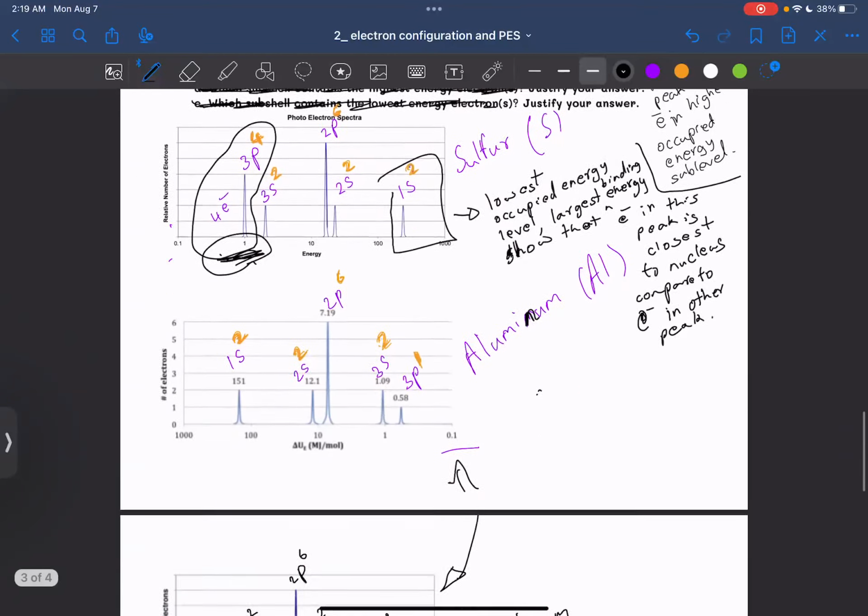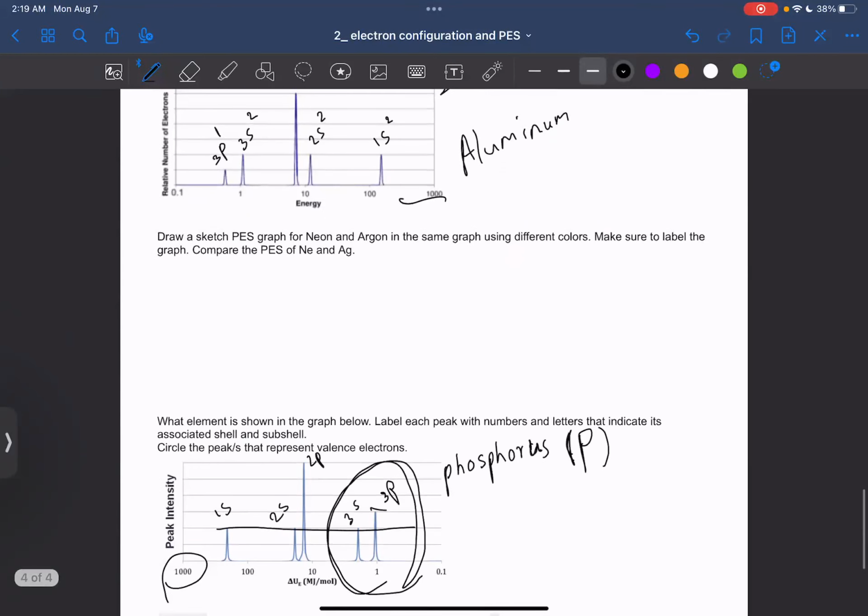I'll give you more later. Okay, let's look at this. We're going to draw again, neon and argon. Okay, I made a mistake here, right there. Did you see that? Argon symbol is not Ag. That's probably really confusing. It's actually Ar. So we're looking for neon and argon.